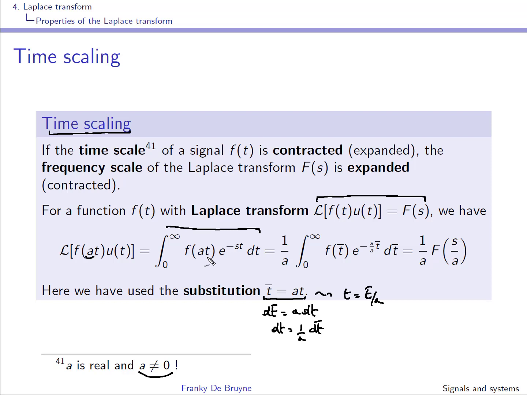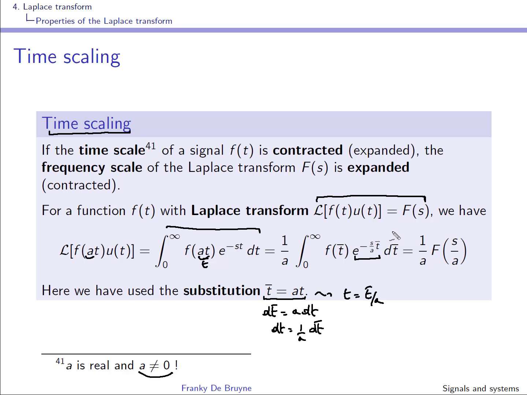So you can replace t by t bar over a, which leads to this expression over here. The integration bounds will remain the same, and dt is replaced by 1 over a dt bar. So the 1 over a we can take out of the integral, and you immediately see why we need, of course, a different from 0.